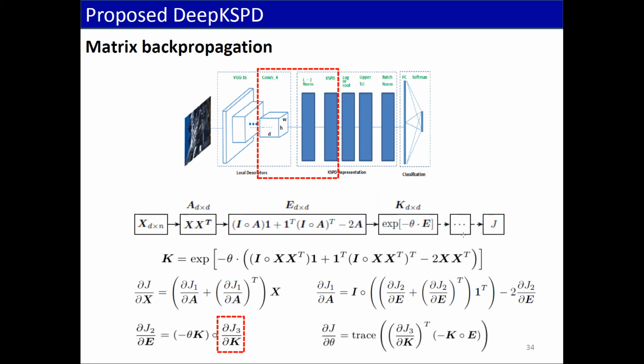Then we feed it into matrix normalization, reshape, then fully connected layer, softmax, and the loss function. So we have to derive the gradients of the loss function with respect to the convolution layer. That means we have to go through the intermediate steps. We derive them step by step in our paper.